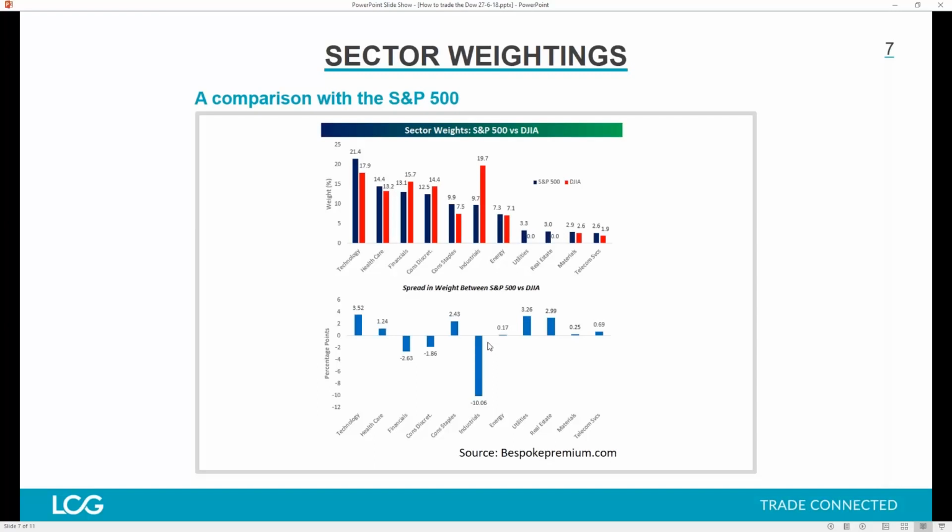You do have other Dow indexes like the Dow Jones Transport Index. This one is the Dow Jones Industrial Average, so it's obviously got a bit of a bent towards industrial. So that's the one thing you've got to keep in mind.